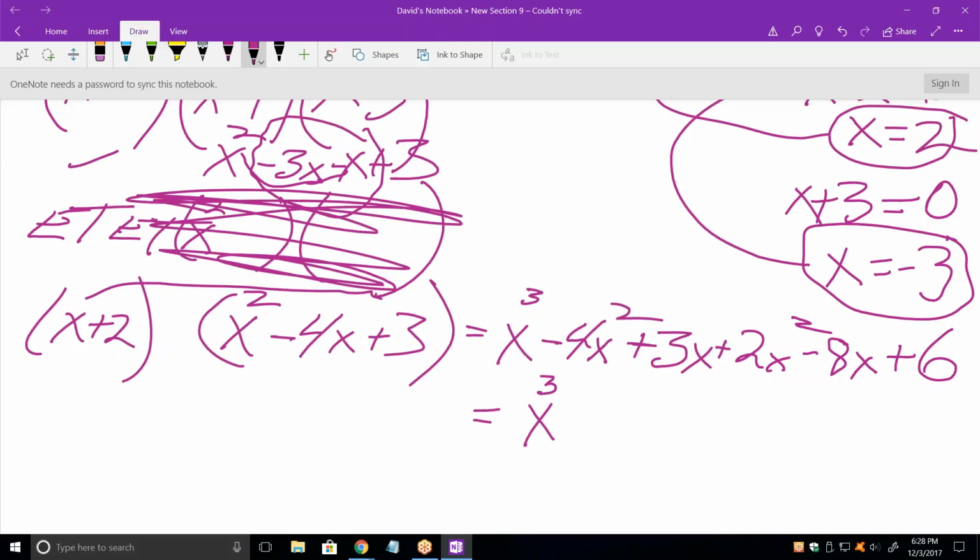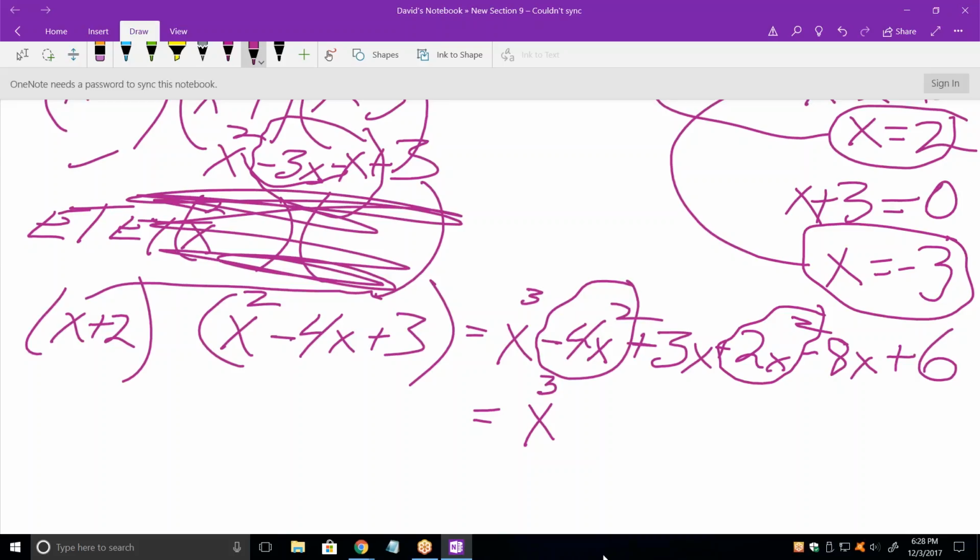Okay, so what are the total x squareds? We're combining that and that. Wait, I thought that didn't have a square on it though, with the 2.